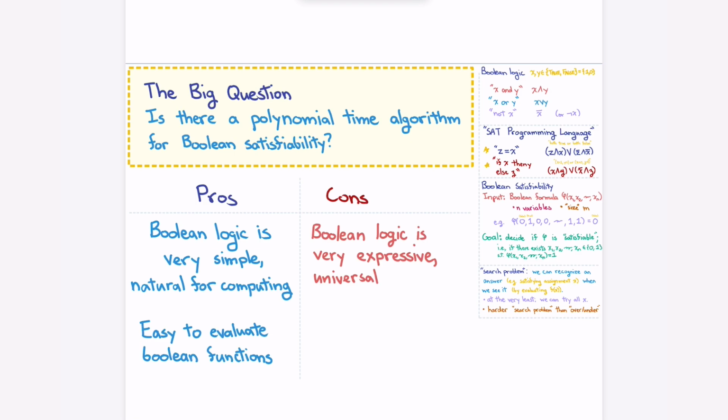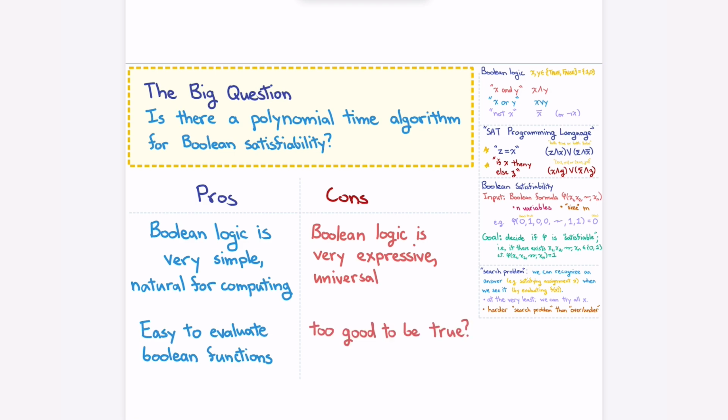You can imagine in the extreme over time being able to write a complicated program and saying, is there any way to make the program output true? But the fact that Boolean logic is very expressive sort of counters the claim that it's very simple. Yeah, it is simple, but it could express a lot of complex things.